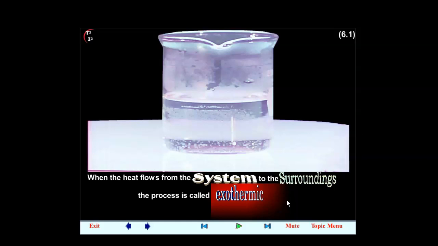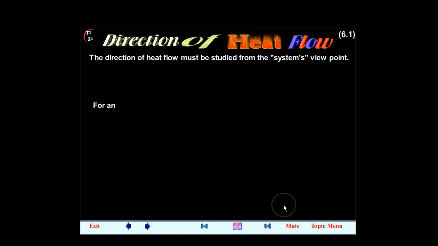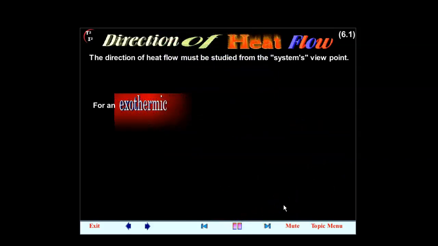It's like exit. So the heat is given out of the system, and that makes the test tube or the beaker hotter or warmer than the usual temperature it started with. And at this time, the change of heat is going to have a negative sign. For an exothermic process, Q is less than 0, or Q is negative.